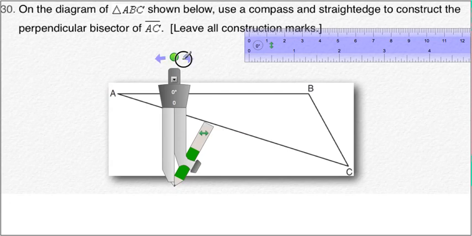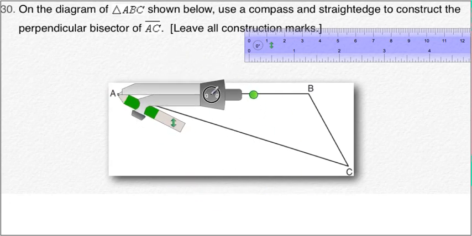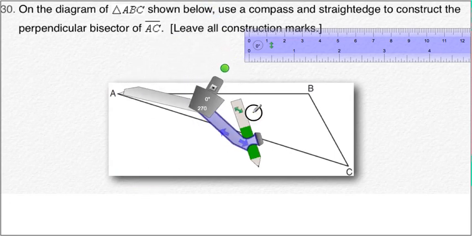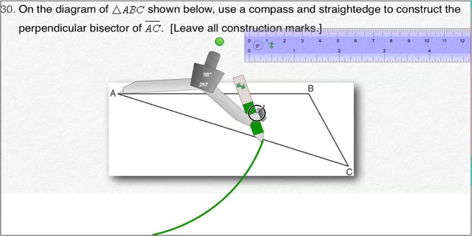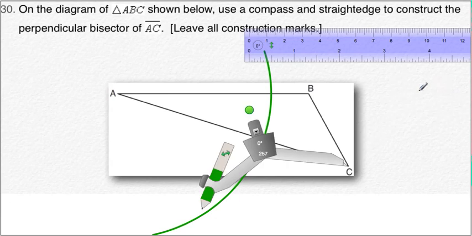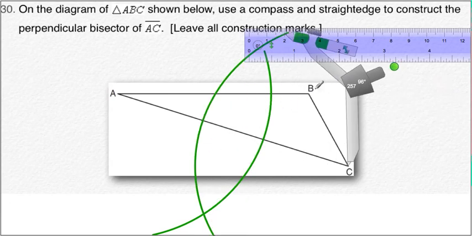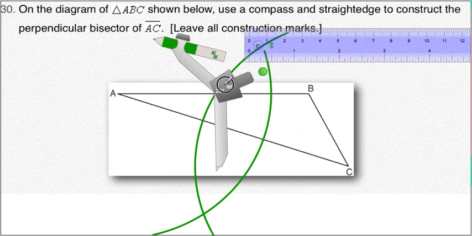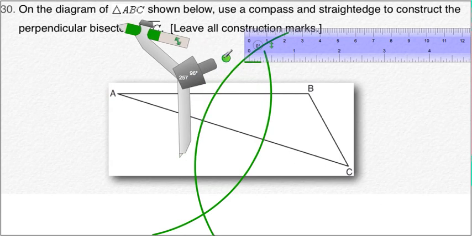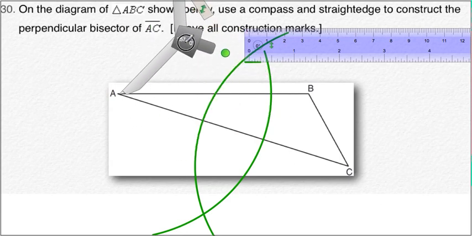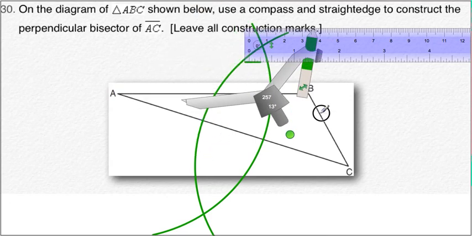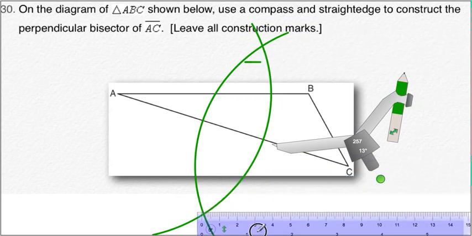So first we'll be using a compass. So I'm gonna, without changing anything, then I'm gonna go back and just extend it, and we get to realize that these are the 2 points.